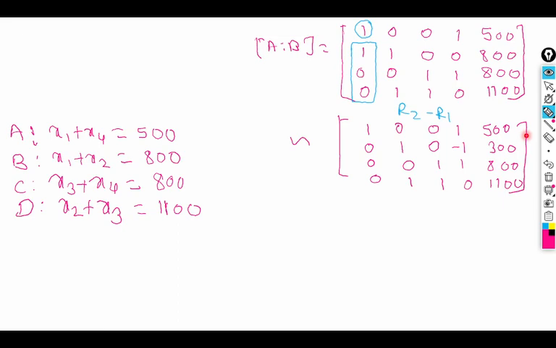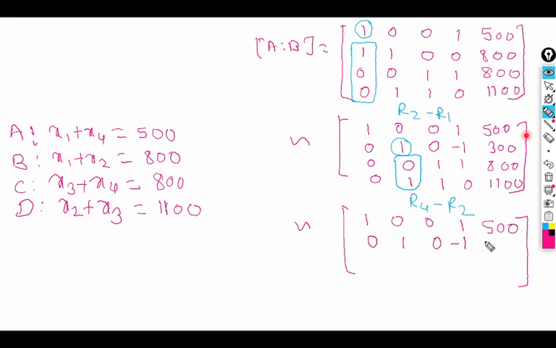That's one. Now the next focus is on column 2. With the help of A22 we want zeros below, so a very simple transformation, R4 minus R2. We get the next matrix like this: 1 0 0 1 500, 0 1 0 minus 1 300, 0 0 1 1 800, and here we have 0.